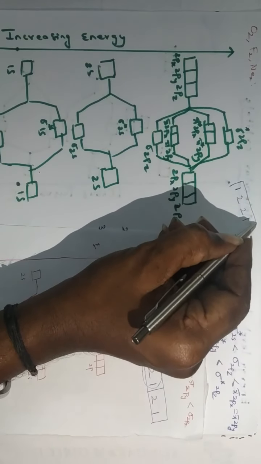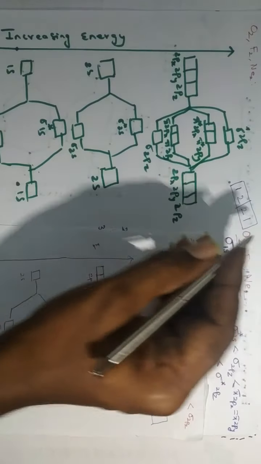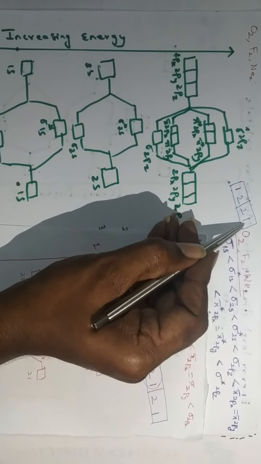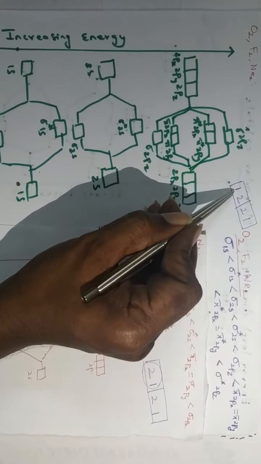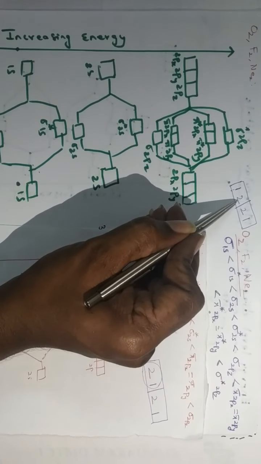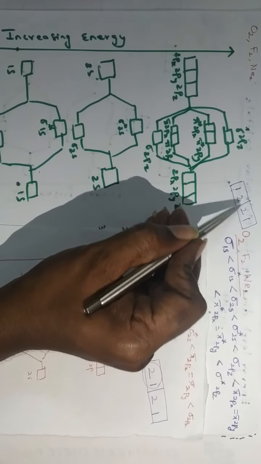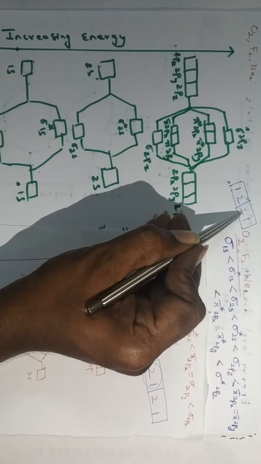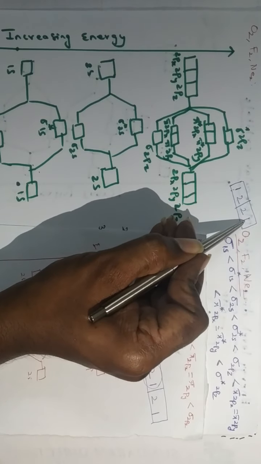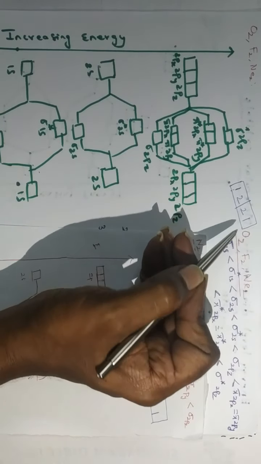So again it is 1 2 2 1. This part is bonding and this is antibonding: 1 implies sigma 2pz, 2 implies pi 2px, pi 2py, then pi star 2px, pi star 2py, and 1 stands for sigma star 2pz.